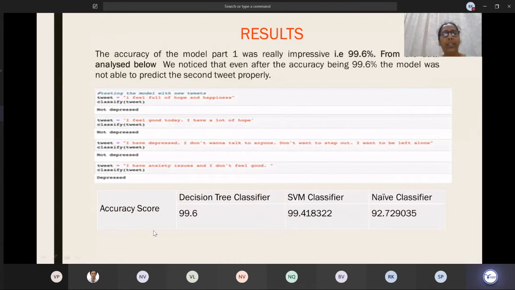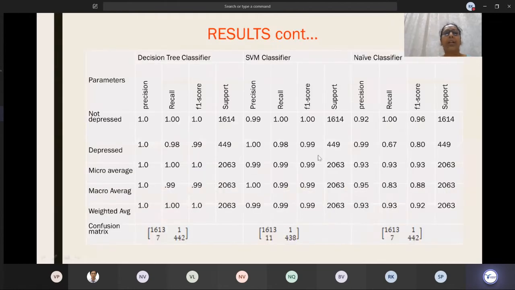You can see here in the results, the accuracy score for the decision tree classifier is 99.6, for the SVM classifier it is 99.41, and for the Naive Bayes classifier it is 92.7. Now this sheet shows the three different classifiers: decision tree, SVM, and Naive Bayes classifier.